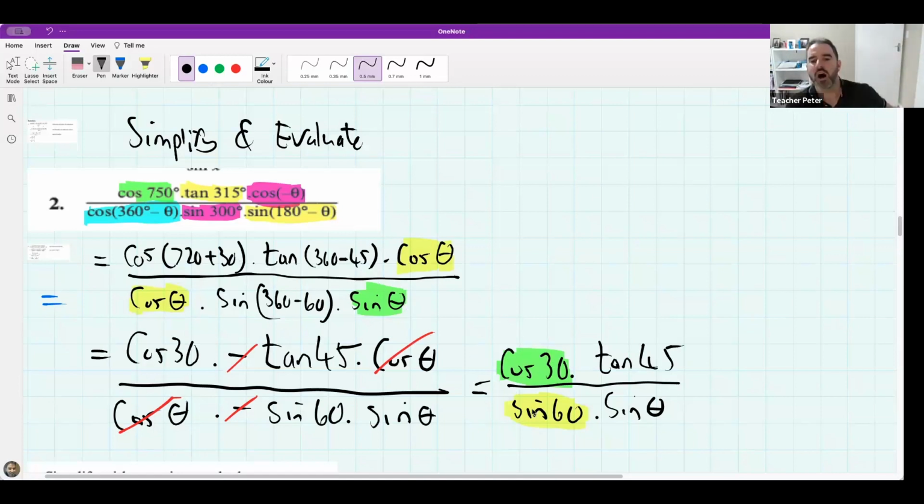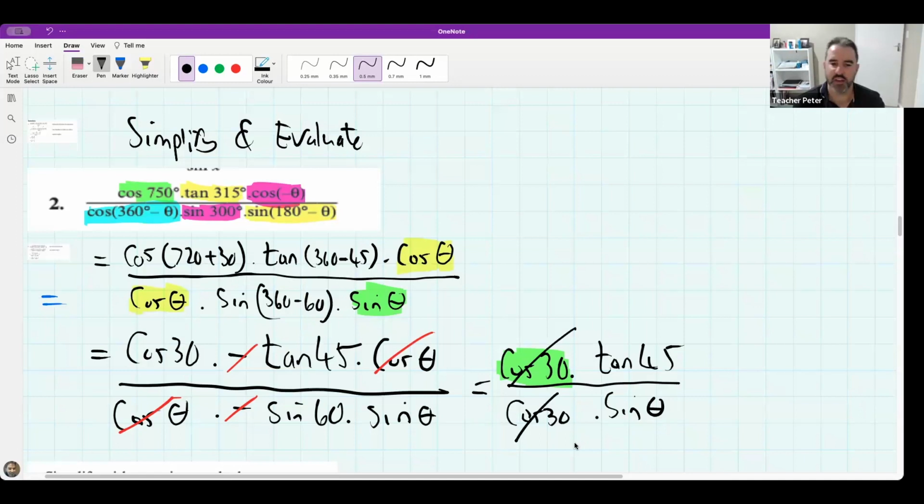Okay. I would take the sine of 60 and change it to its co-ratio, which is cos. So how far away is it from the nearest vertical? It's 30. And so I change that to the cos of 30, which is awesome.